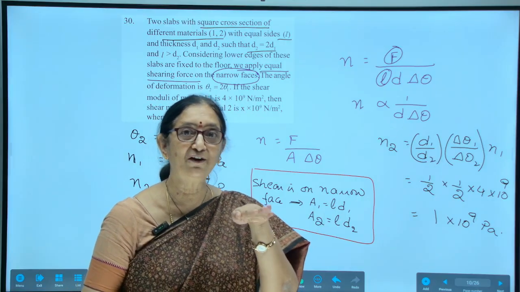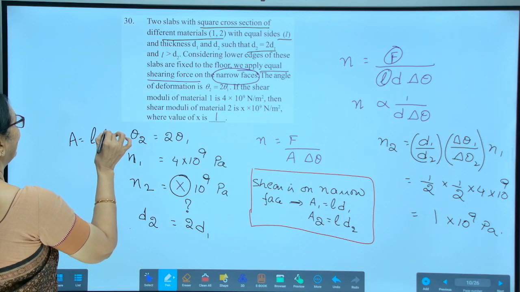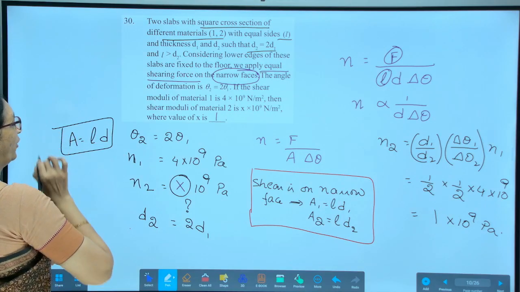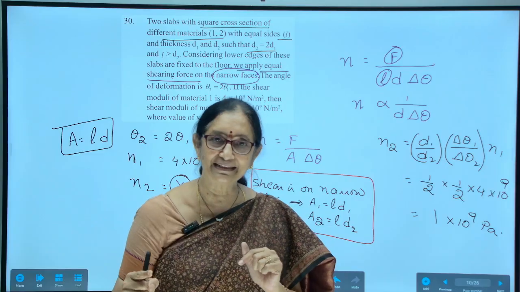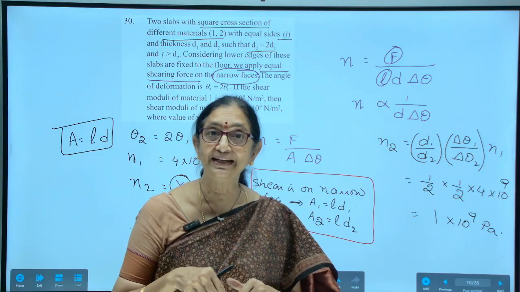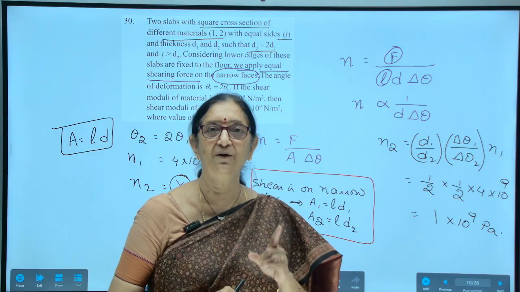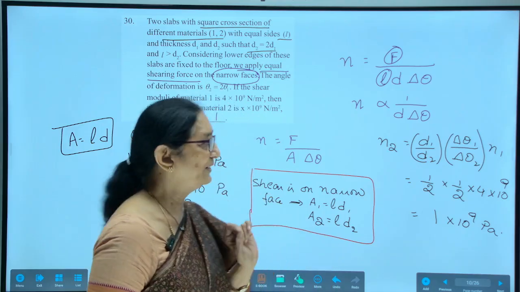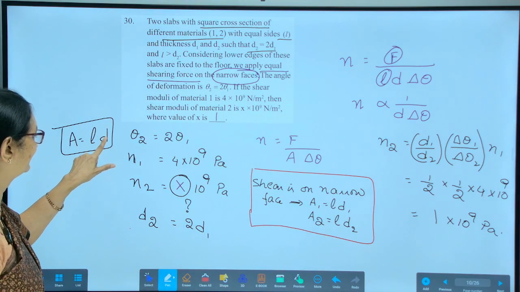So the narrow face area becomes length into D, because if you take L into L, as L is greater than D, that becomes the wider face area. But here the tangential force is applied on the narrow face. So the narrow face cross sectional area becomes length into thickness.